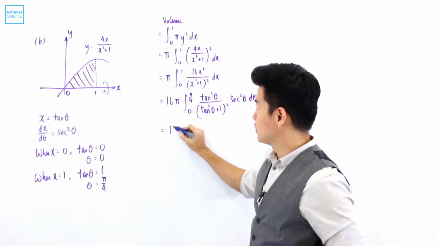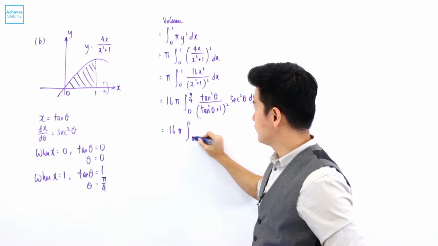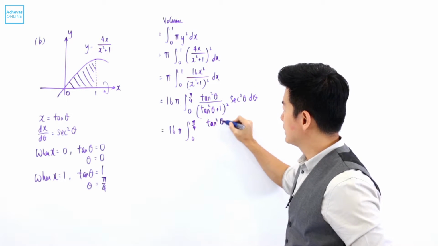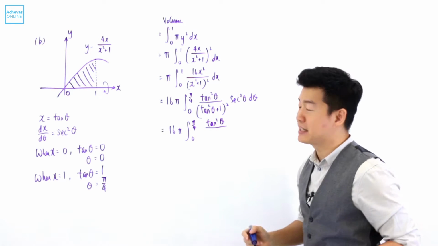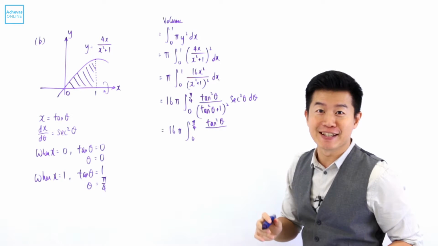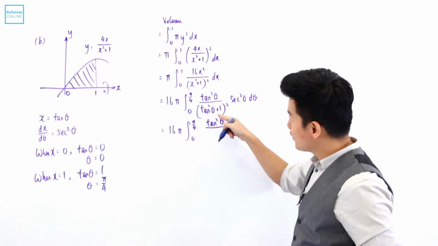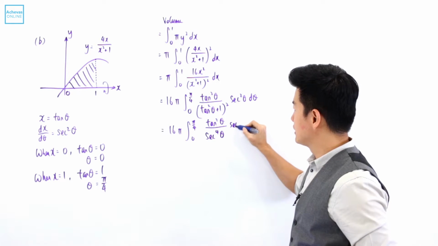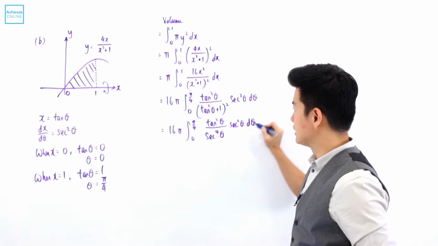So this is equal to 16 pi integration from 0 to pi over 4 of tangent square theta divided by secant square theta plus 1 is, tangent square theta plus 1 is secant square theta. And secant square theta square, this is going to be secant 4 theta, secant square theta d theta.